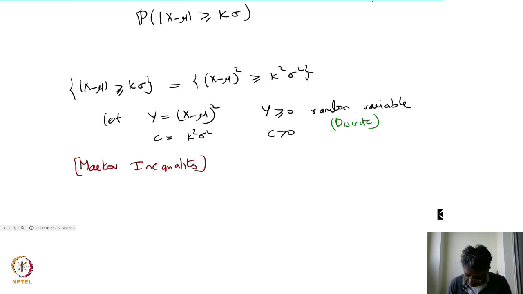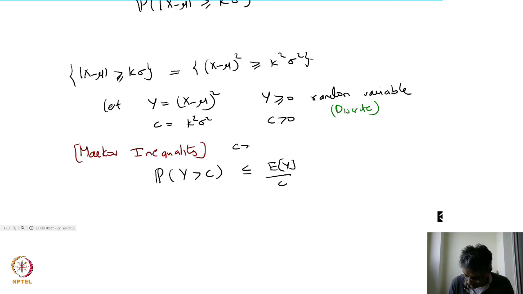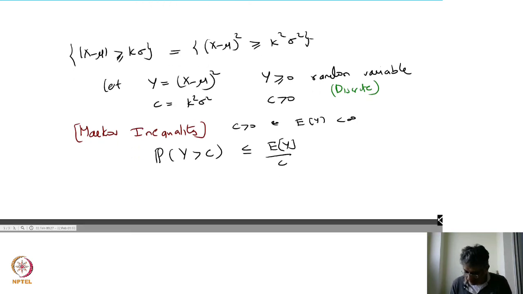So we know that probability of Y bigger than the quantity C is less than or equal to E of Y by C, for C positive and E of Y finite. This is always true. Now here, what's E of Y? Here, E of Y is E of X minus mu whole square, right?